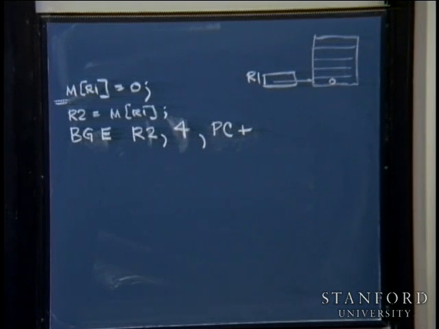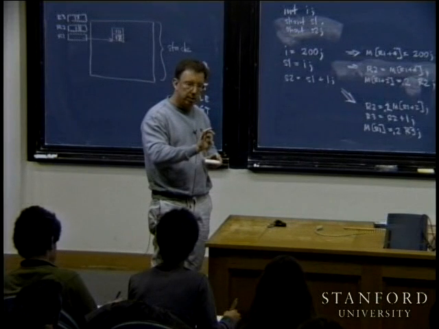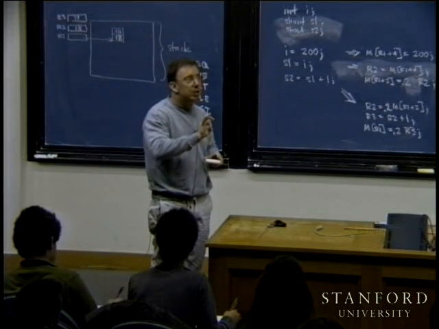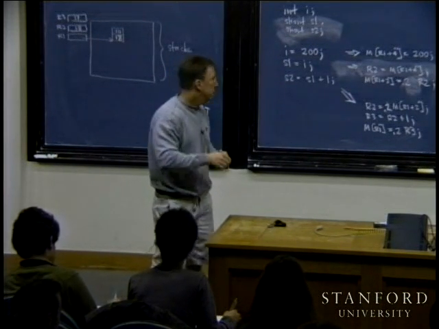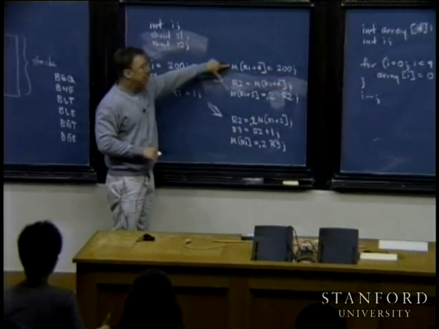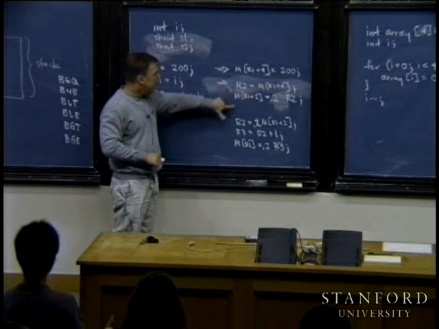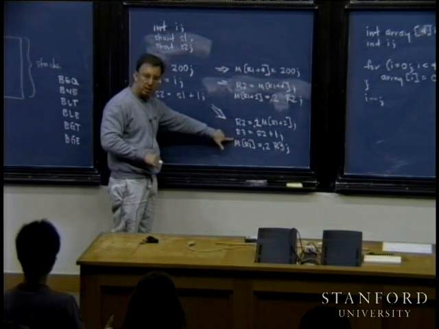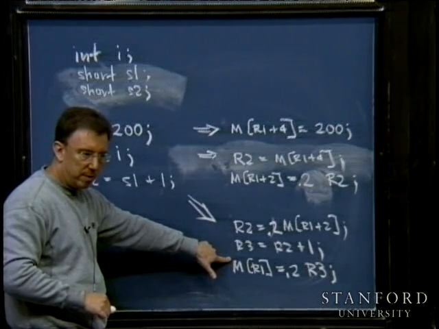PC stands for program counter, and it stores the address of the currently executing instruction. We never know what PC really is, but if this is PC plus 4, PC plus 8, PC plus 12, PC plus 16, etc. Does that sit well with everybody?